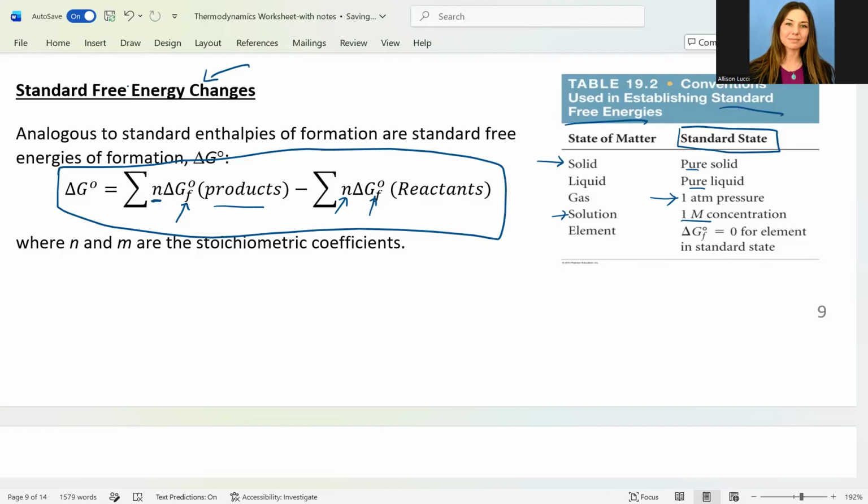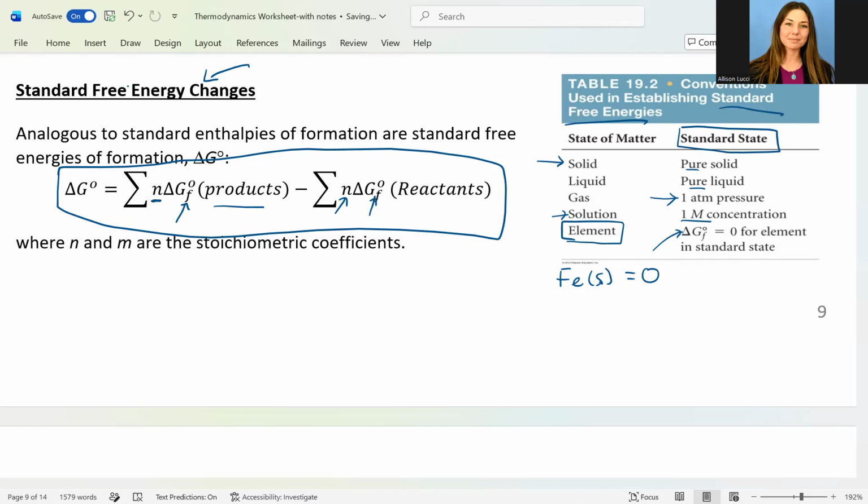And then there's one down here when we have the elemental state of something. The delta G of formation for that will be 0. So any element in standard state, if we think about, say, iron, what is that in standard state? It's usually solid iron. That's going to be equal to 0. If you want to think about it, the formation of iron from iron requires no energy.